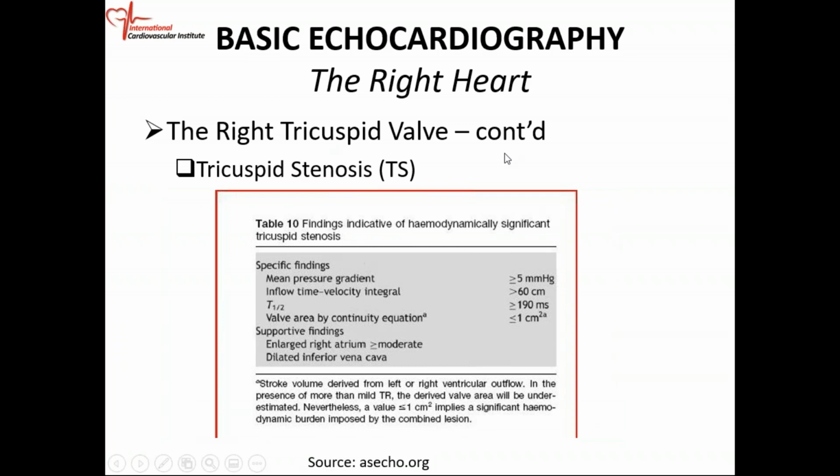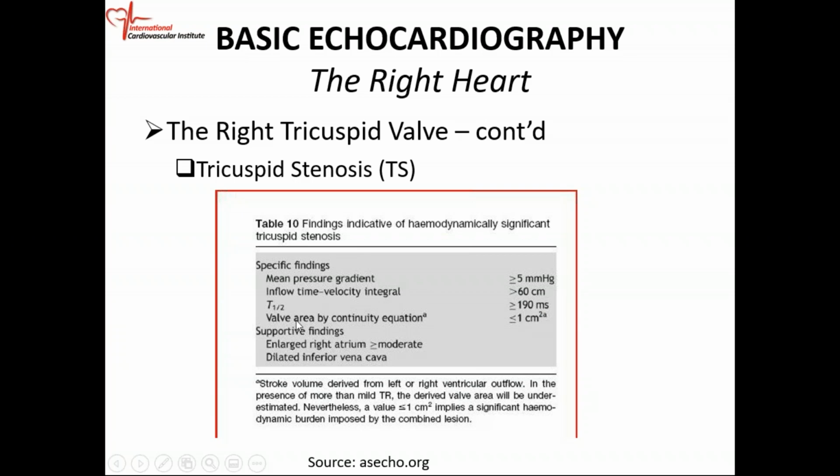So, this little table, and we will do all the updates. You're going to have significant tricuspid stenosis if the mean gradient is greater than or equal to 5, and if your inflow time velocity integral, that is when you trace it, is greater than 60 centimeters. If the pressure half time is greater than or equal to 190 milliseconds, then this suggests tricuspid stenosis.